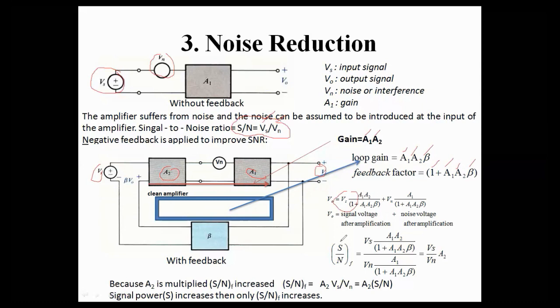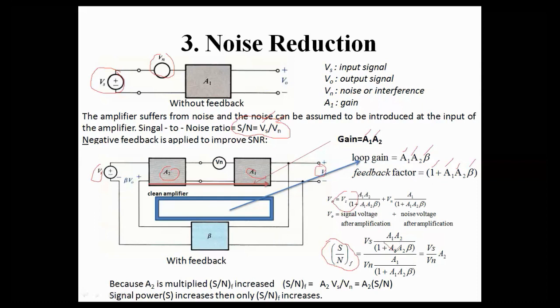Now the signal to noise ratio after connecting the feedback equals the signal voltage divided by the noise voltage after amplification: Vs into A1 A2 divided by 1 plus A1 A2 beta, divided by Vn into A1 divided by 1 plus A1 A2 beta.